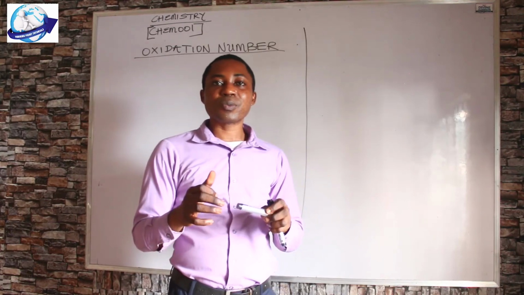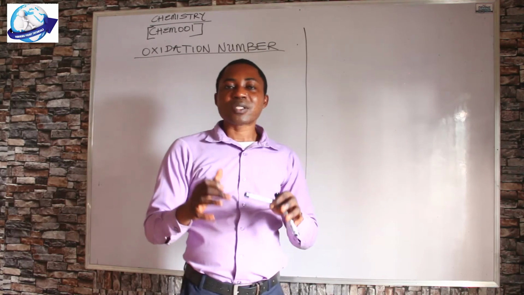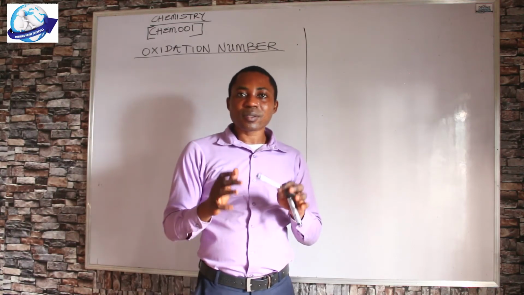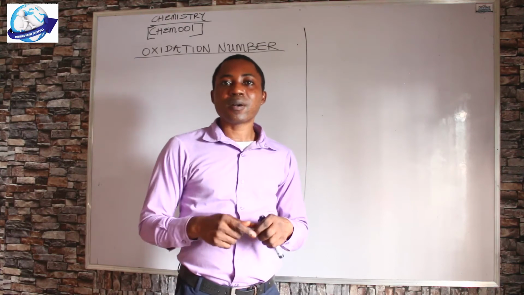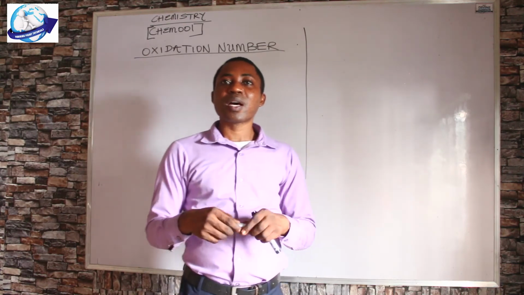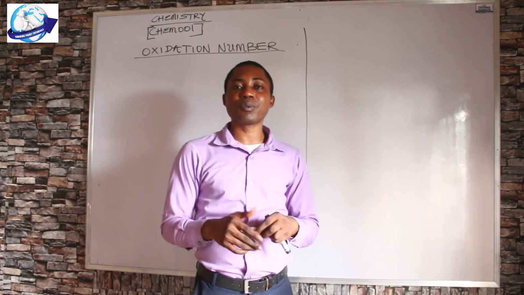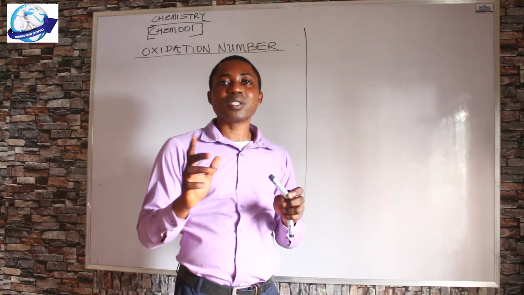Now, you should know that there are rules that govern oxidation number that will help us to know how to calculate oxidation number, and the rules are very simple to follow. We see them one by one.